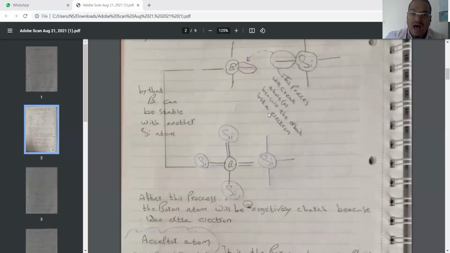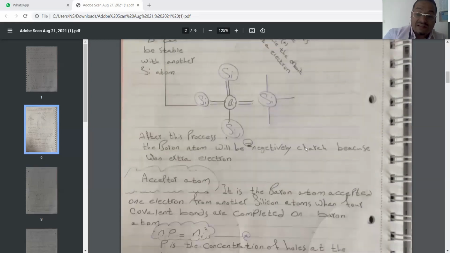Because this boron atom gains an extra negative charge, since we know the charge of an electron is negative. The boron will be negatively charged because it gains an extra electron from its neighbor.